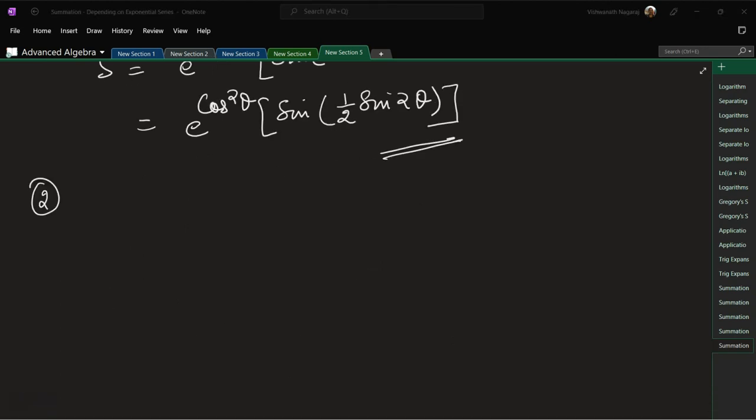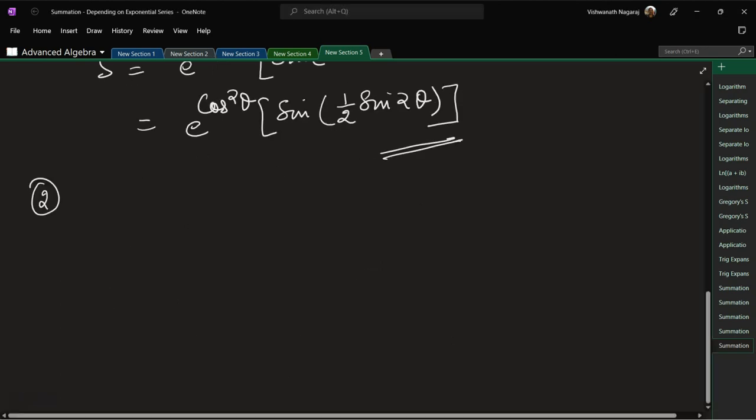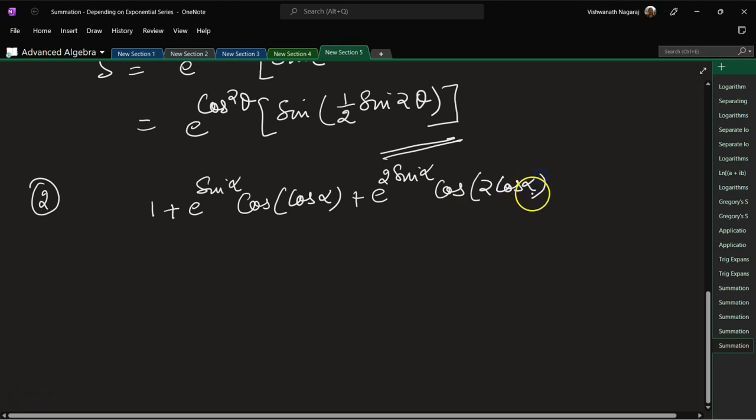So this is our expression for that summation. Let's say we are given the problem 1 plus e to the power of sine alpha cos of cos alpha plus e to the power of 2 sin alpha cos of 2 cos alpha by 2 factorial plus e to the power of 3 sin alpha cos of 3 cos alpha and like that so on.